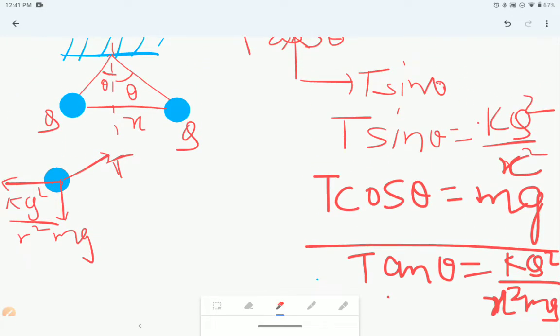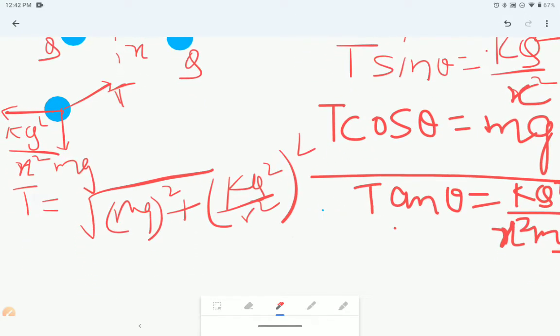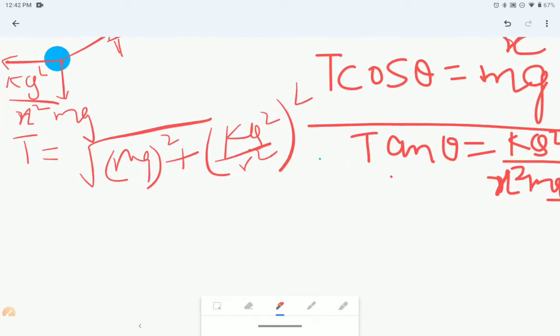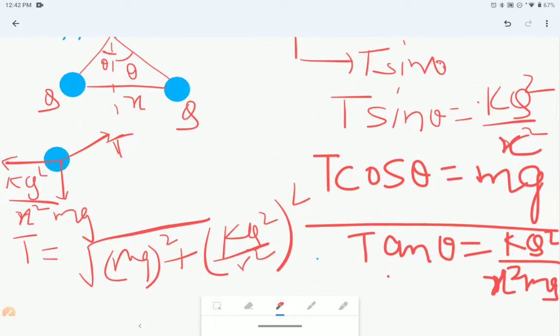See, this T can be given as root over mg whole square plus kq square upon r square whole square, this resultant vector, right? This is not needed, but I was telling you. Now we are having T sin theta and T cos theta.